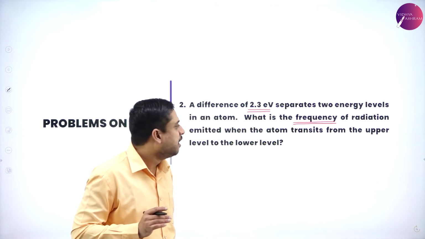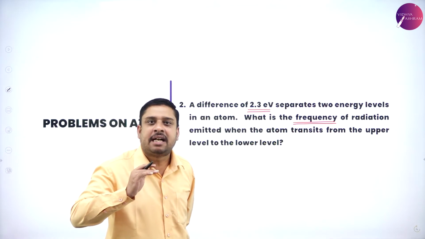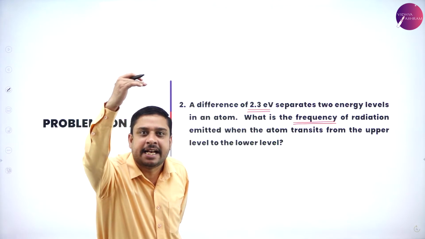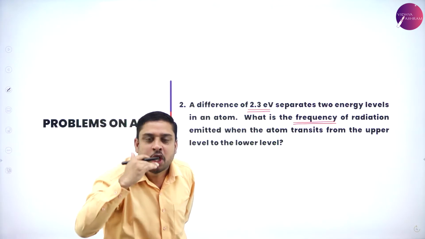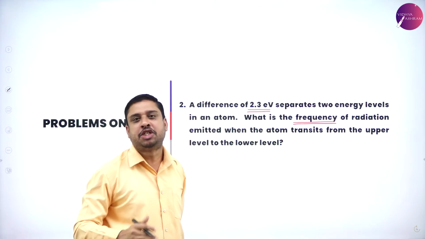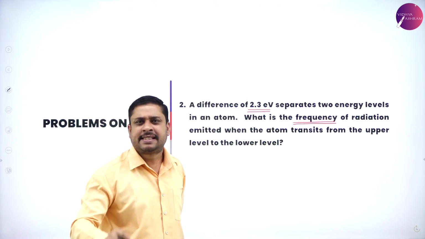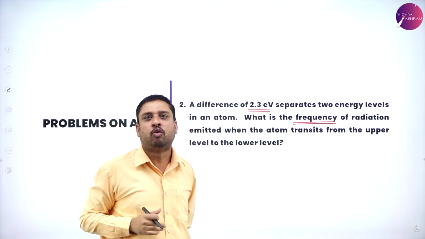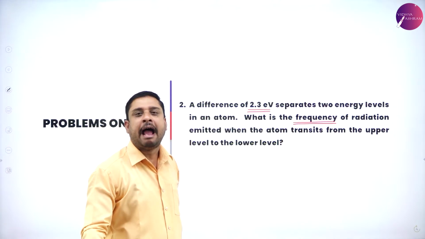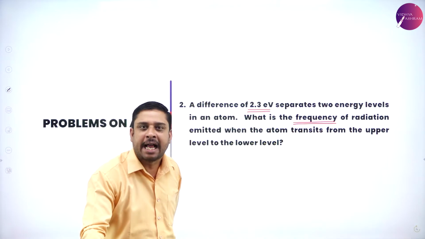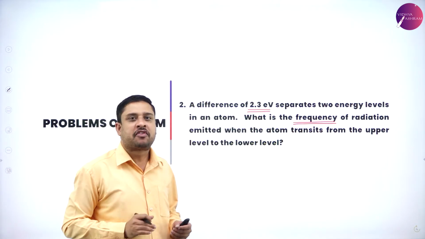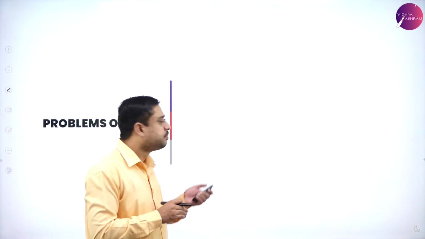That means as the atom jumps from the higher energy orbit to the lower energy orbit, some radiation, a photon, has to be given out. I have been asked to calculate the frequency of that radiation.